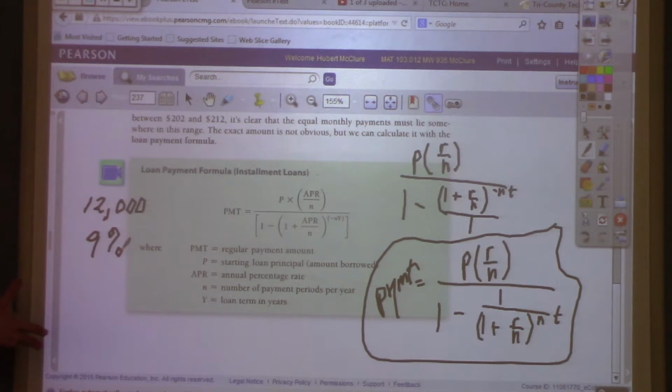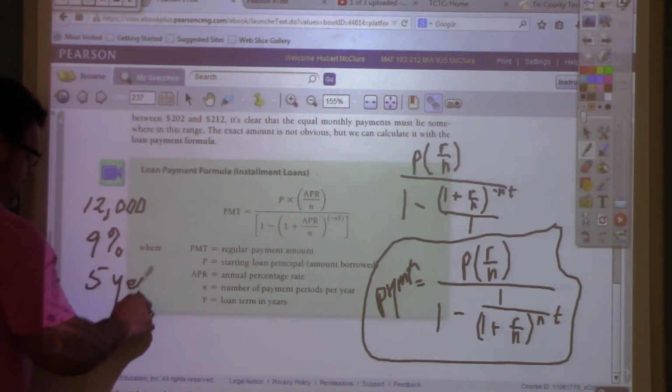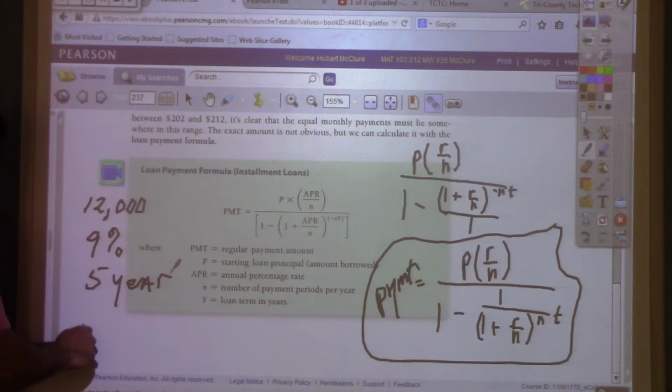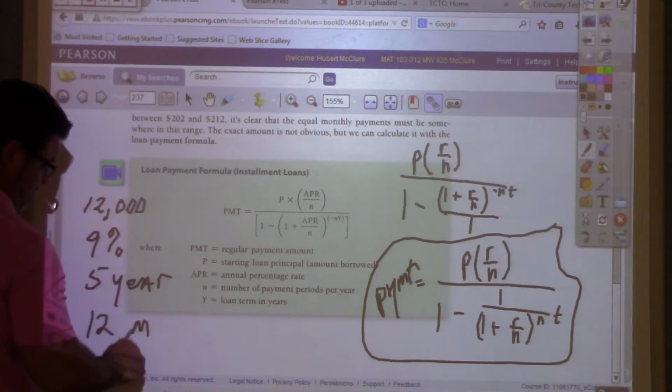On a used car they usually drop a couple of years off. So we're going to say 5 years. And of course, you make monthly payments, 12 payments a year.